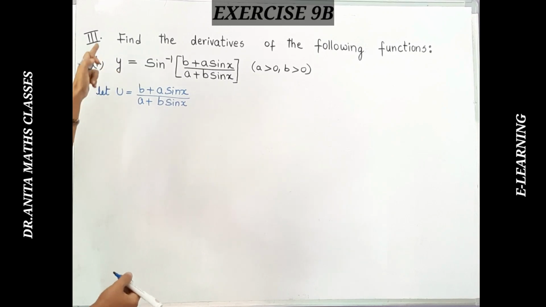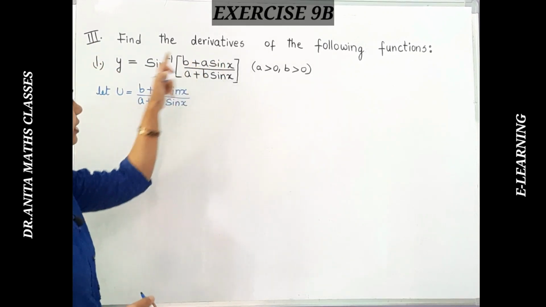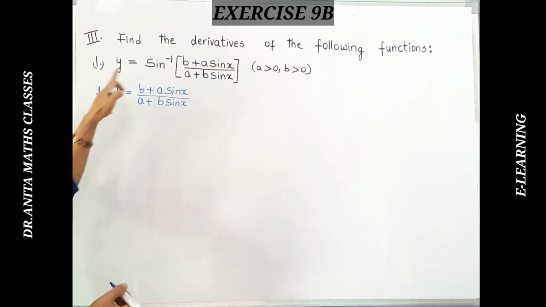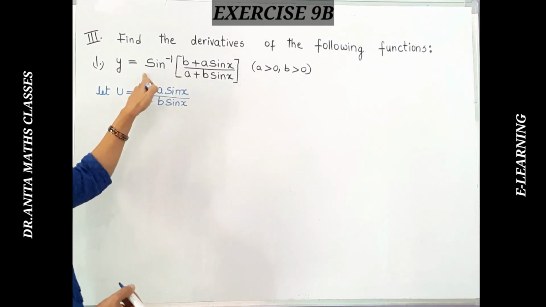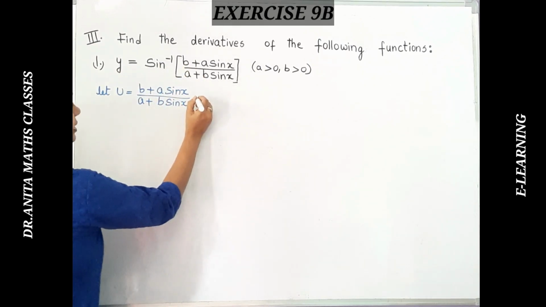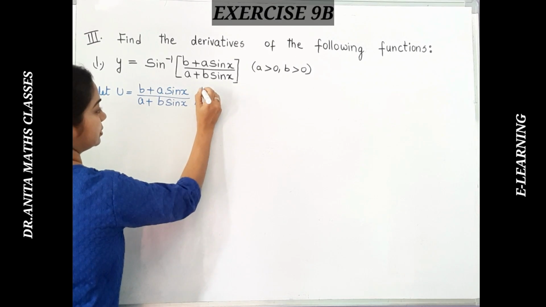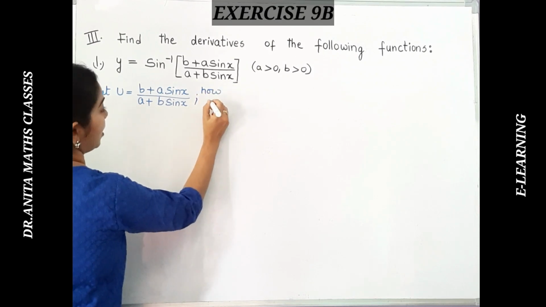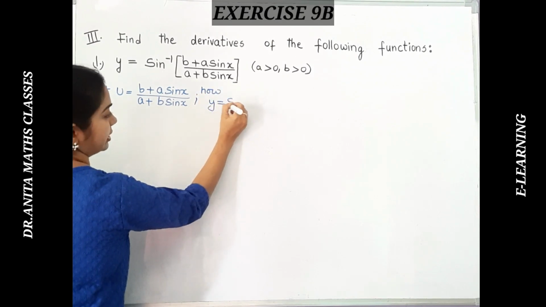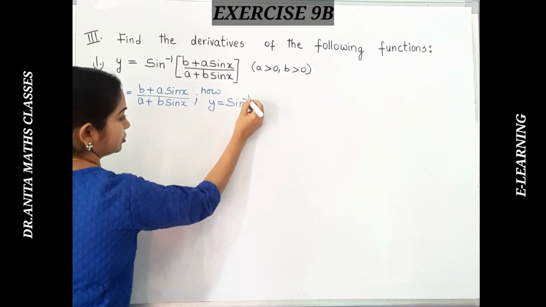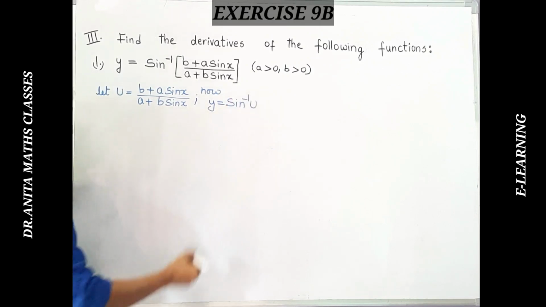If I want to get dy by dx, I have to find the derivative of this, isn't it? So I am supposing this function as u. So here we can say y is equal to sine inverse of u, to make the function simpler.